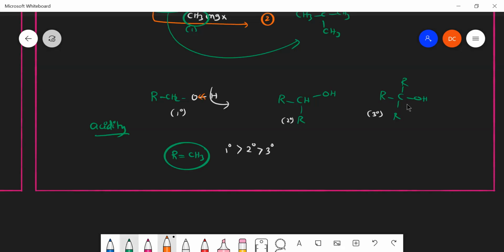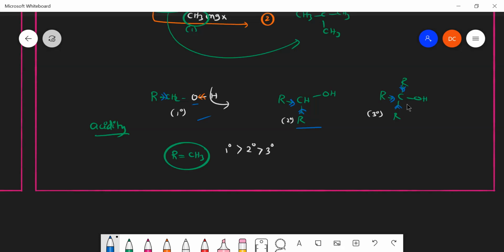But here an electron donating group like a methyl group will donate electrons, so the negative charge on this oxygen is somewhat reduced and the acidity is affected. In this case there are 2 donating groups, so compared to the previous one this will have more electron density on oxygen. And here also, 3 donating groups are there.